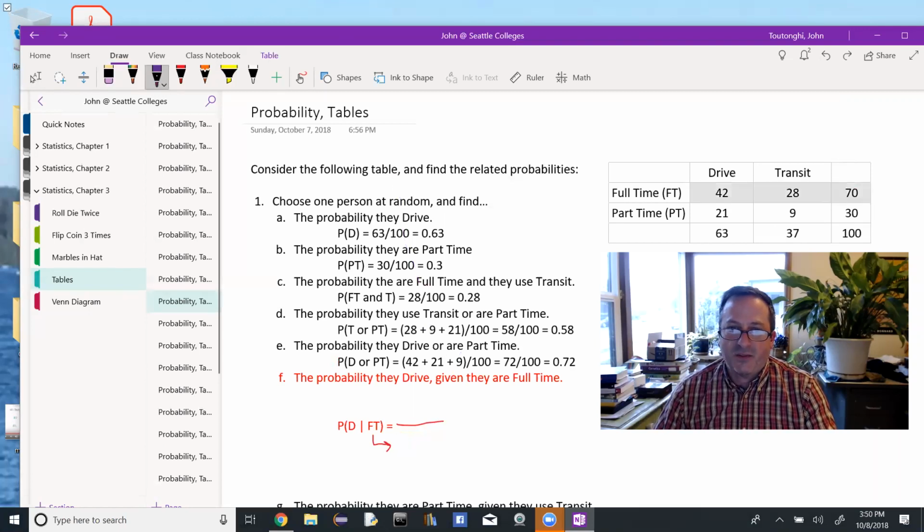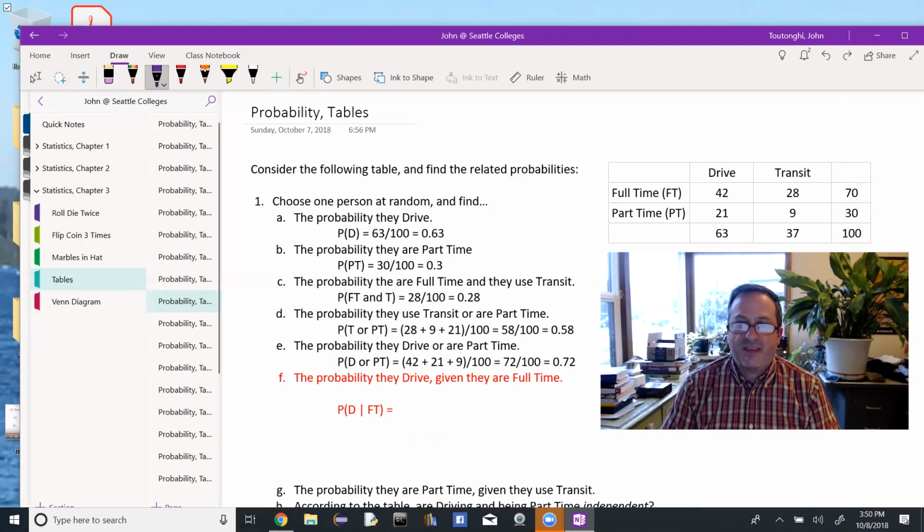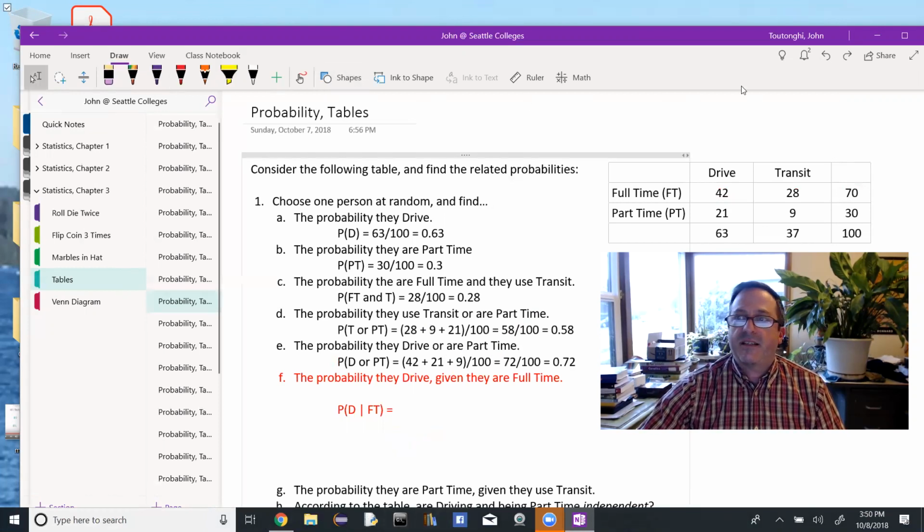If I can get my pen to work. Oh, sorry. Okay, we're going to start that over. Let's see if I can redo some of what I just erased. Okay.